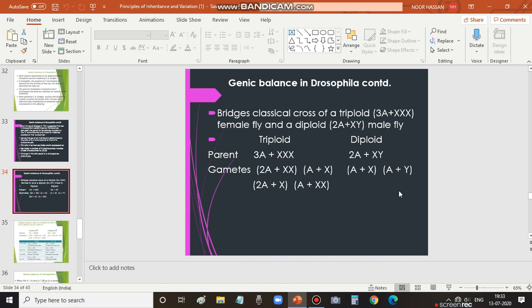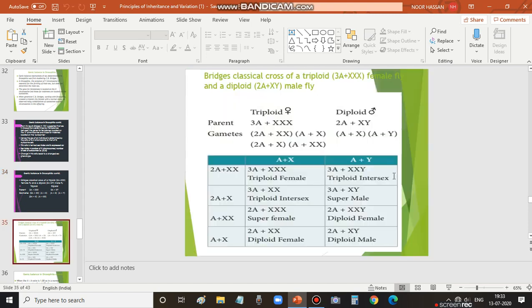In the same way, in the diploid male, gametes are formed like this: out of 2A and XY, one A with X, and the other A with Y. This is how the genic balance in Drosophila is determined. This is a chart showing how the triploid female and diploid male form individuals. Please go through it, you will understand.